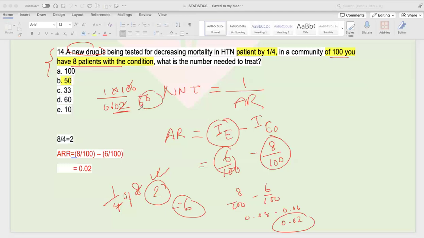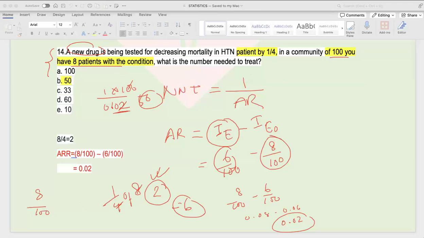Okay. Now again, don't get confused by the question because the question is not a full question. Actually, the full question in the exam will be something like this. They would say that 8 people have the condition, or you can say 8 people are dying without the medication. So previously, without the medication, 8 out of 100 were dying.